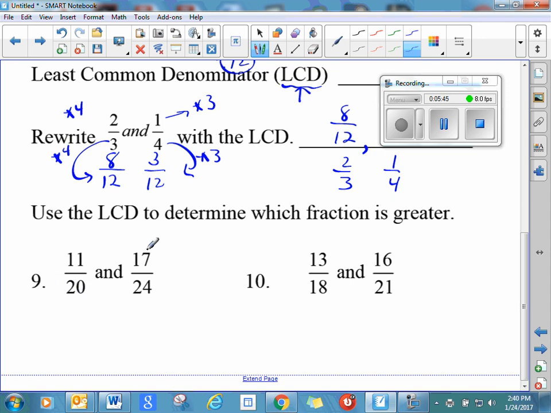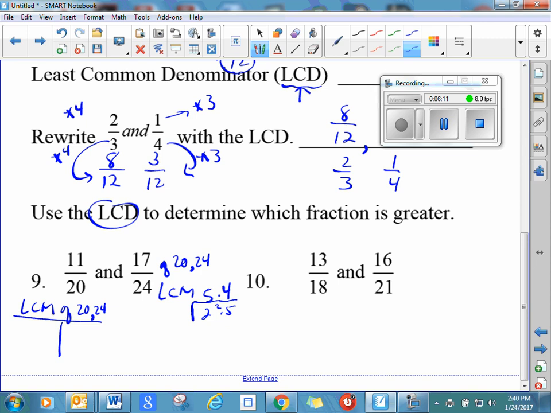So the first thing we need to do is find the LCD of 20 and 24, which means we need the LCM of 20 and 24, which means I start with the prime factorization. So 20 is 5 times 4, which is 2 squared times 5. There's 20.